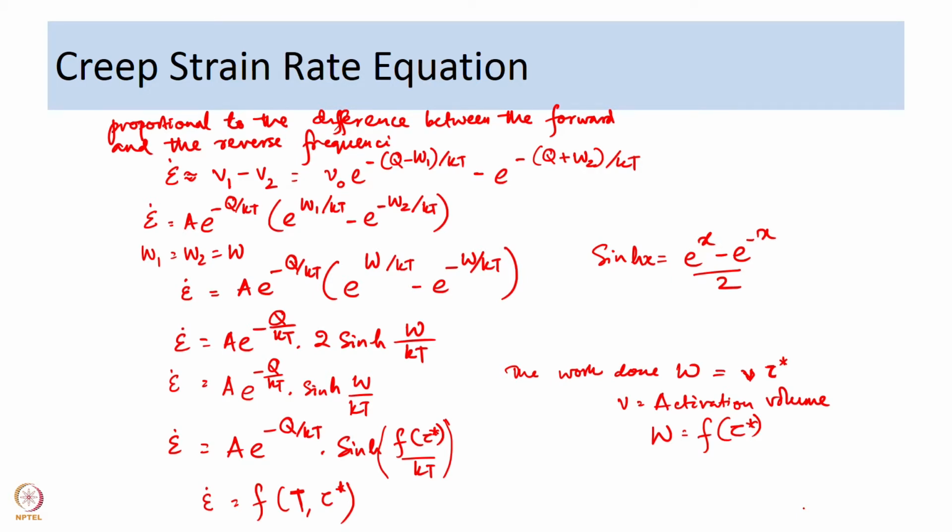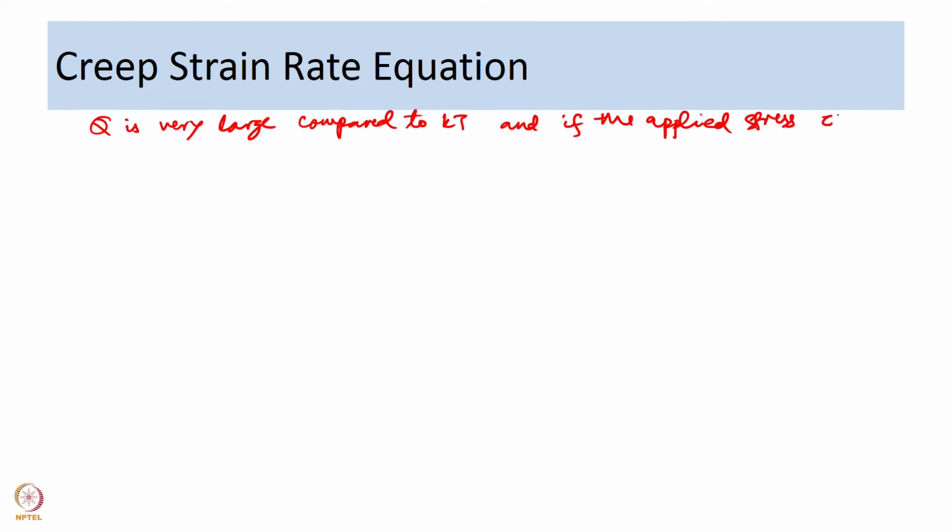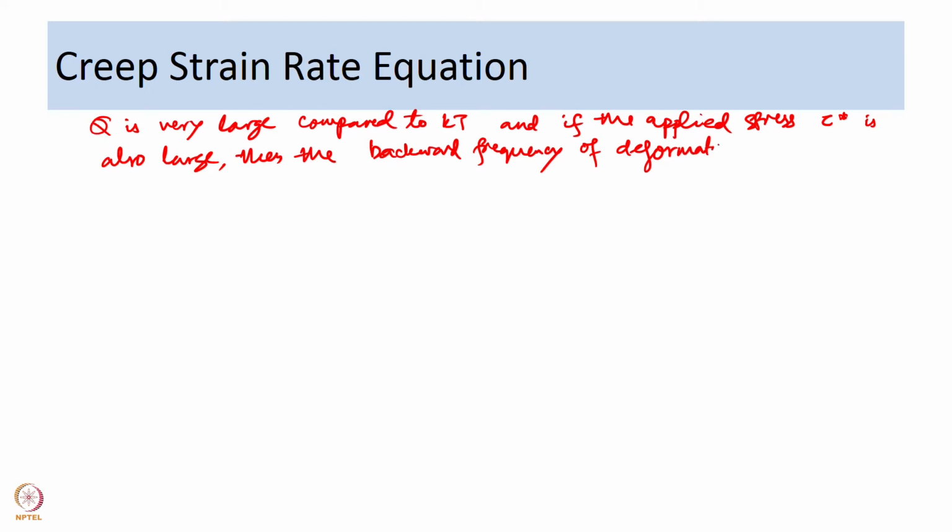Under conditions where Q, the activation energy of deformation, is very large compared to kT, and if the applied stress, which we considered as tau star, is also large, then the backward frequency of the deformation mechanism, nu 2, will be small.